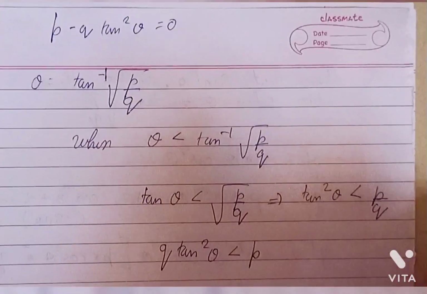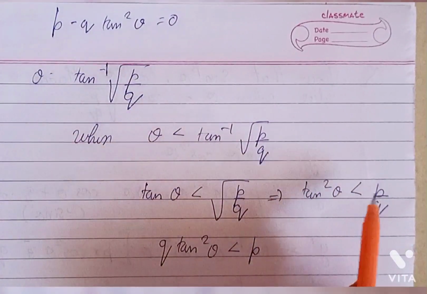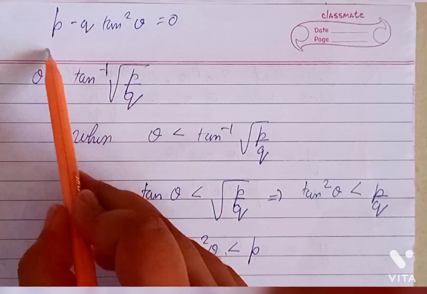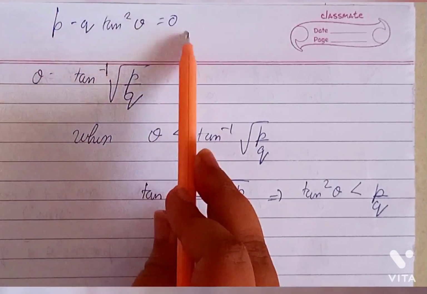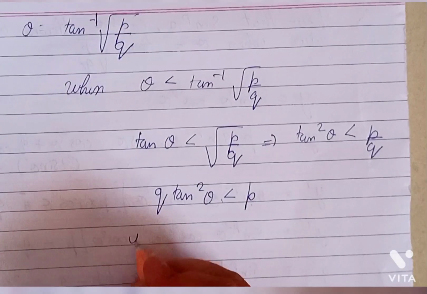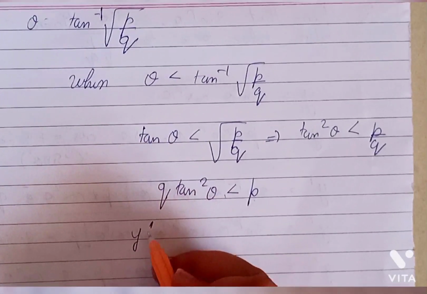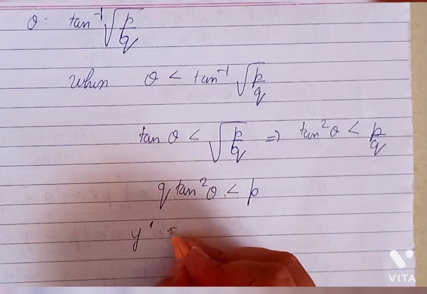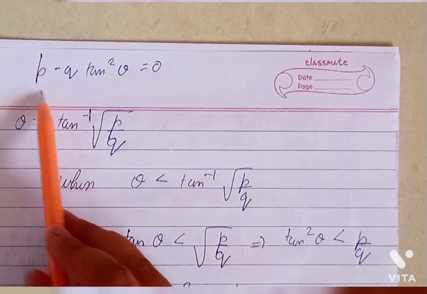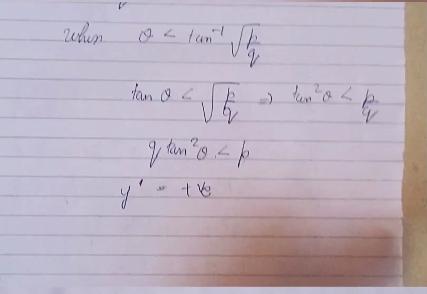Right, I got this on the back side. So if q tan square theta is less than p, you could see over here, y dash will be positive, since this quantity is positive.